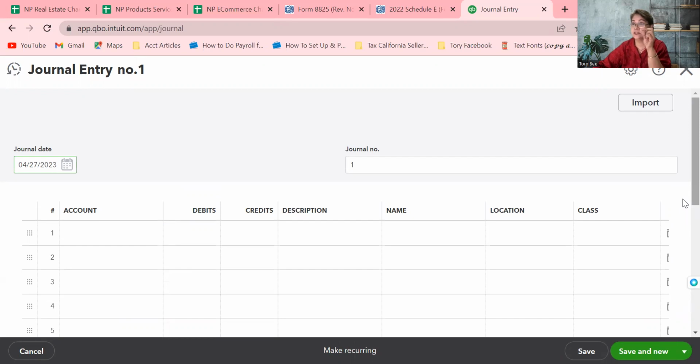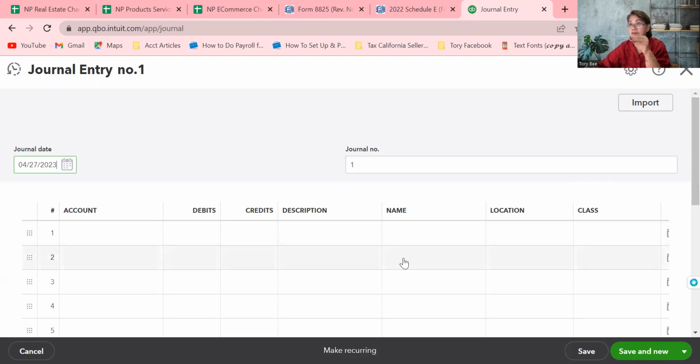In handling real estate, if you are an accountant or bookkeeper, familiarize yourself with the journal entry, because this is our best friend. Make it your best friend, because almost all of the transactions are being recorded here.